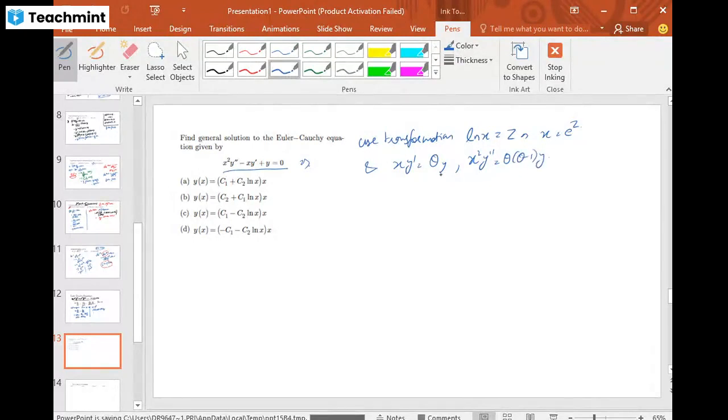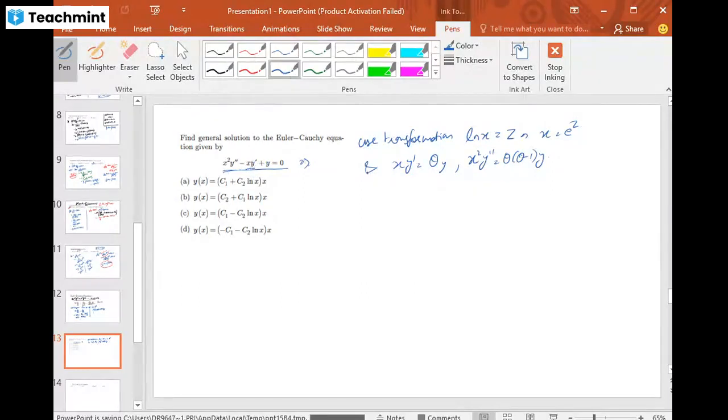How do you know that we need to use this transformation? Because the power of x and the order of derivative are the same in all the terms. Although it is already written, if it is not written there, you simply need to check that the order of derivative and the power of x are the same, and where we have only y, there is no power of x.